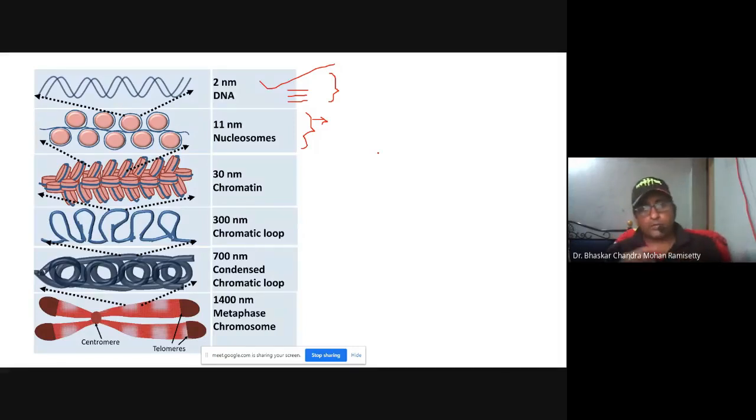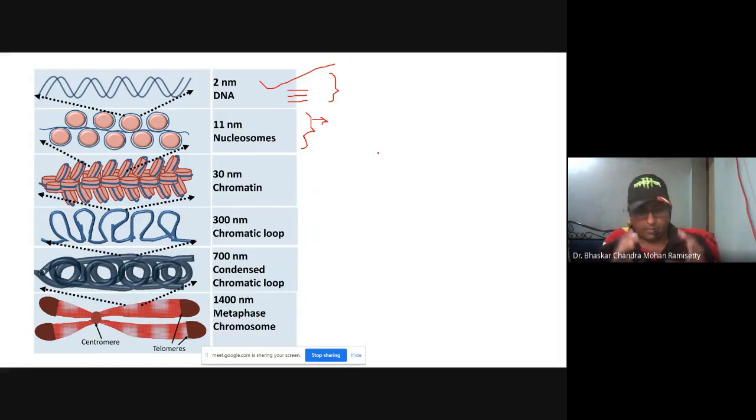H2A, H2B, H3 and H4 are core histones. H3 and H4 form a tetramer, and H2A and H2B form a dimer. So you have 2 dimers of H2A, H2B and 1 tetramer of H3, H4.